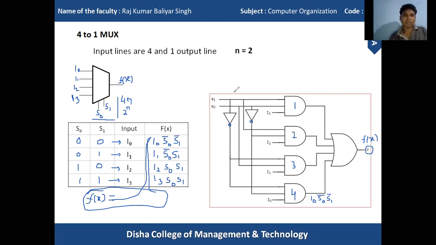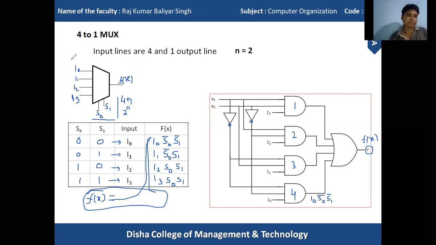So see, the multiplexer is called a data selector, because suppose we have n number of data lines coming from a device, and there is a MUX, the data selector device. So among these n input lines, any one can be supplied to the output. Suppose for example, this is one computer, this is another computer.